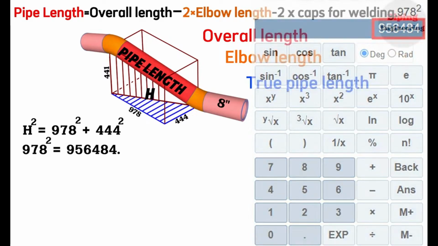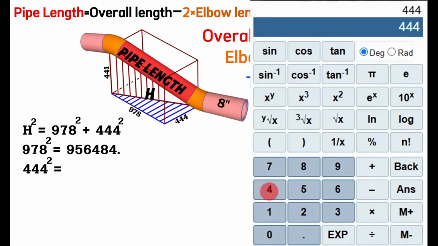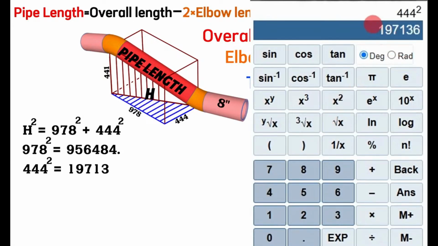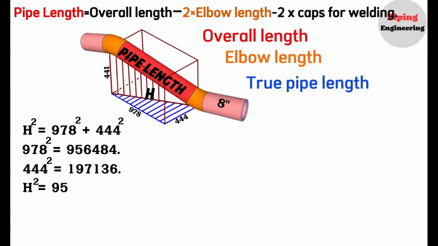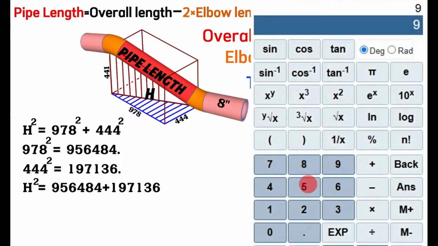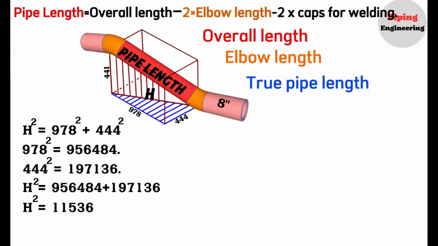And the square of 444 will equal 197,136. So, we continue to calculate that H squared will equal 956,484 plus 197,136. Using the calculator again, 956,484 plus 197,136 will equal 1,153,620. So, we find that H squared equals 1,153,620.